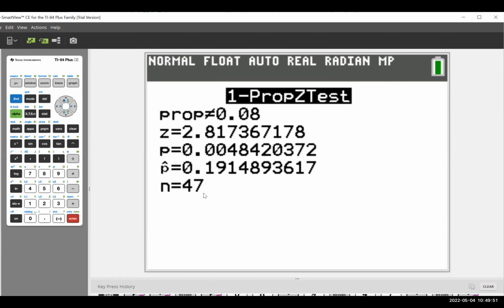And so go ahead and run it. This time our p-value is 0.00484.